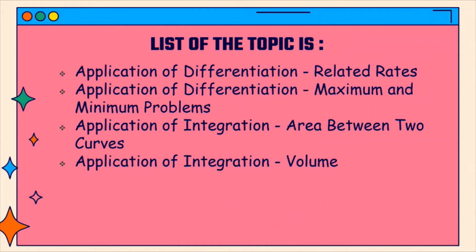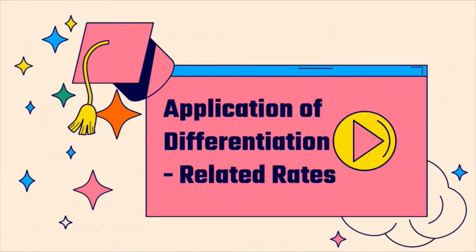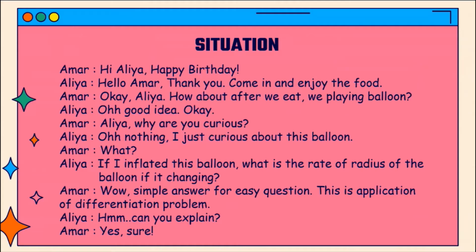So, the topic we choose is application of differentiation related rates. Before we explain more about application of differentiation on related rates, let's look into the situation first between AMAR and ALIYA.